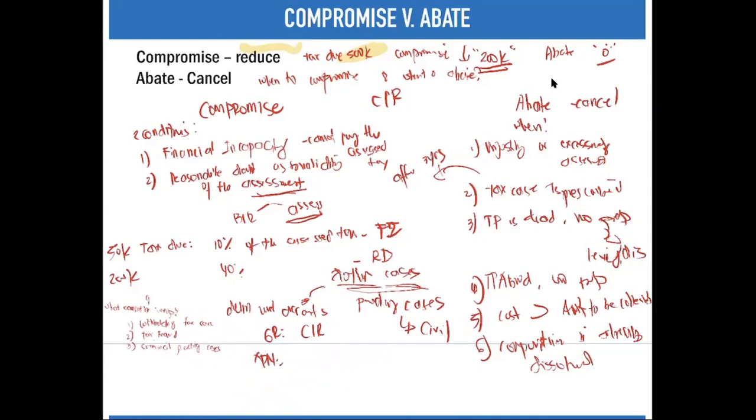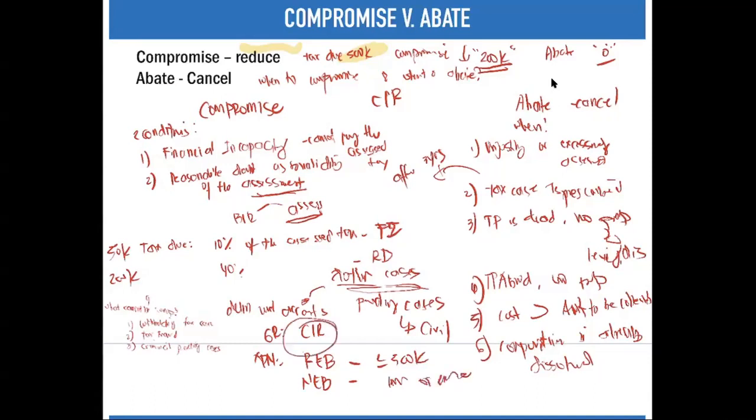So it can be your regional evaluation board or the national evaluation board. Regional evaluation board if the tax assessed is less than or equal to 500,000. National evaluation board if ever it can be 1 million pesos or more.